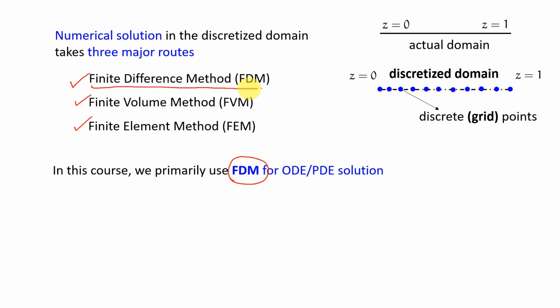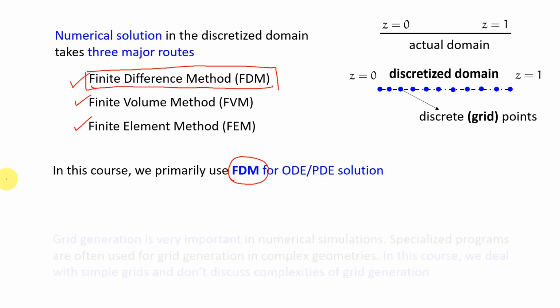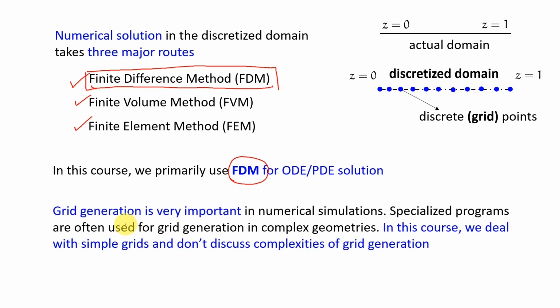This will be our workhorse in this particular course, and for other methods, there are other courses. So if you are interested in finite volume or finite element, there are other courses we offer. You can look into them, where we use the finite volume method and finite element method to solve, by and large, partial differential equations.